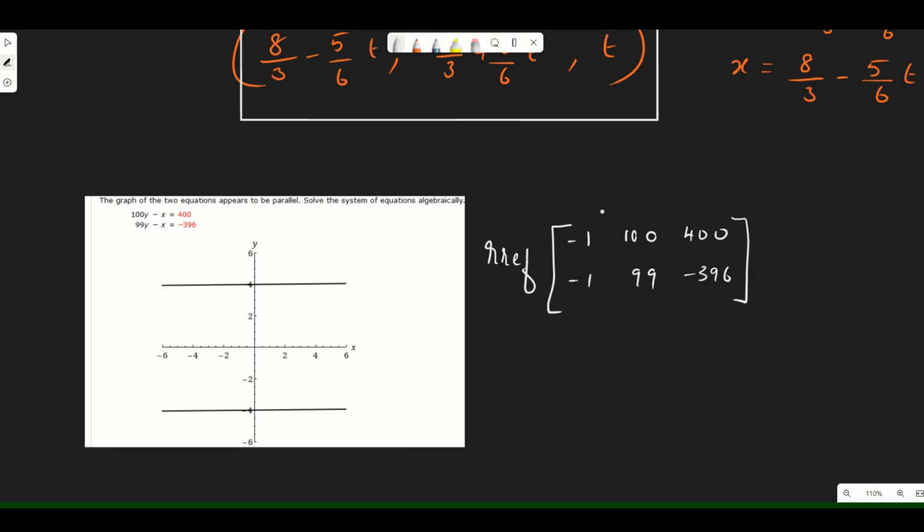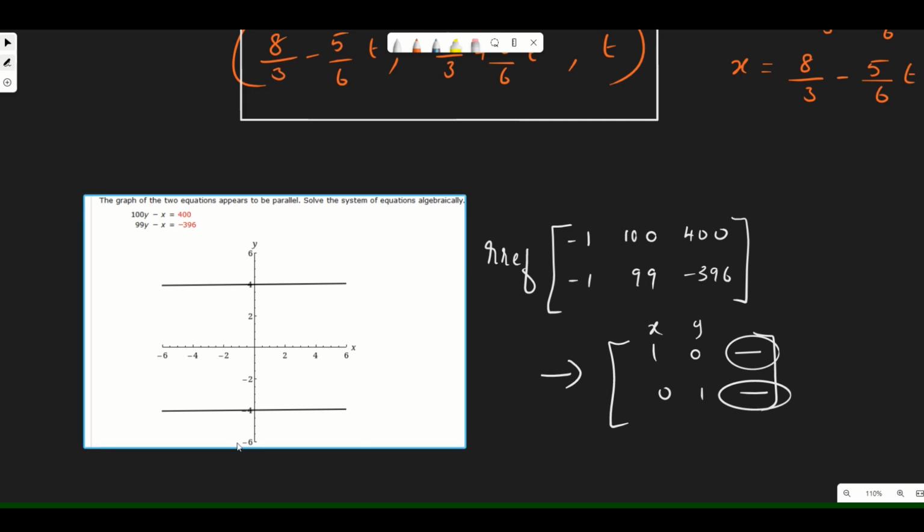Then this will be reduced to some equation, say 1, 0, 0, 1, and you may have some values. You know this is the coefficient of x and y. You know what x is; the x value is this, and the y value will be this. So you can find the solution for those two by solving the equations. It's not necessary that you make use of your graphing calculator. You can just try that by solving the two equations.